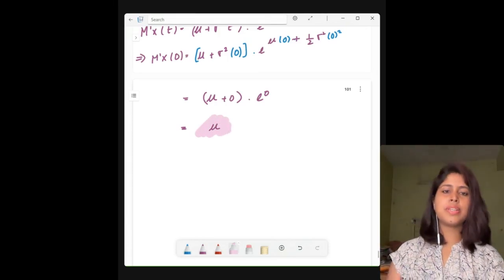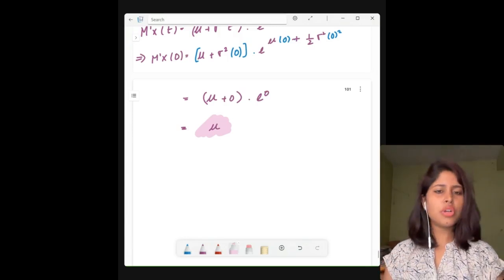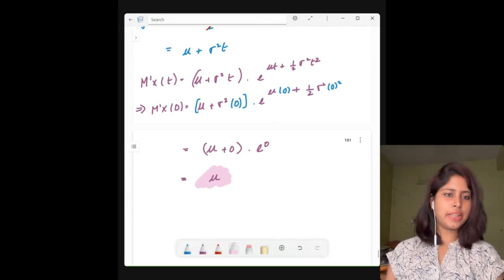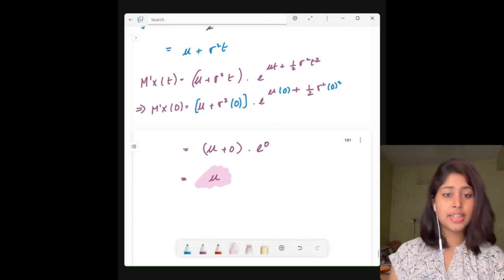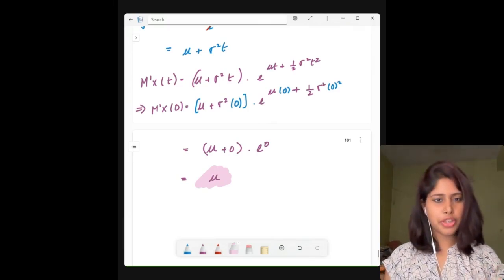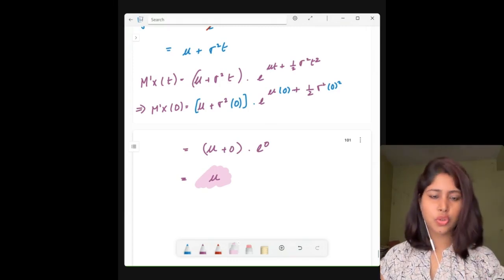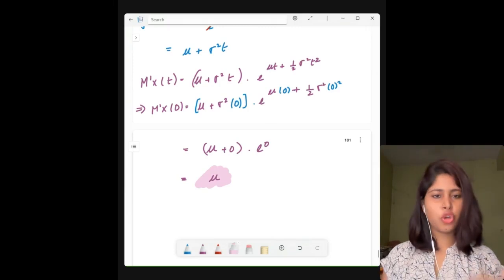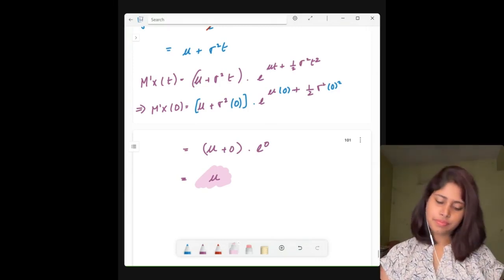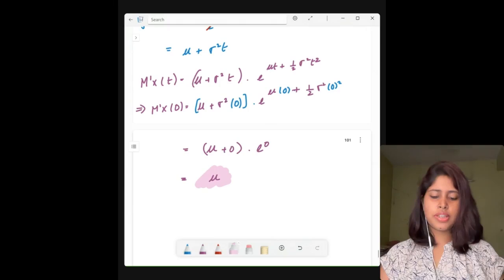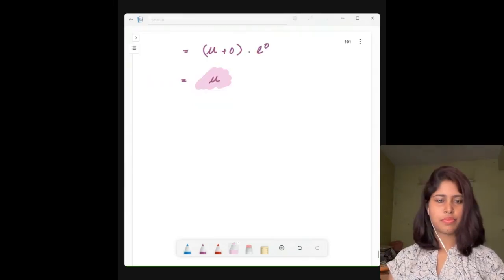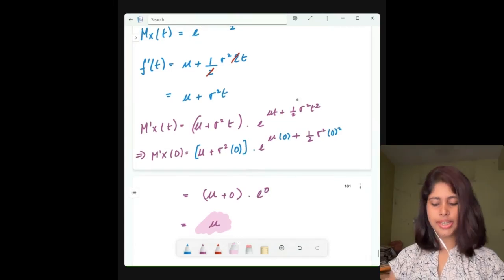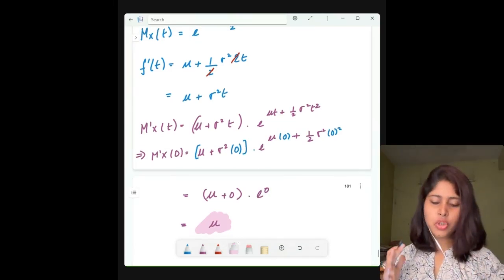Now the next step is we have to derive the variance. How will you derive the variance? This M dash X(t), you are going to differentiate again. After differentiating that again, you are going to put t to be 0, and then you will get the variance. Now for differentiating this part again, what is the core idea?